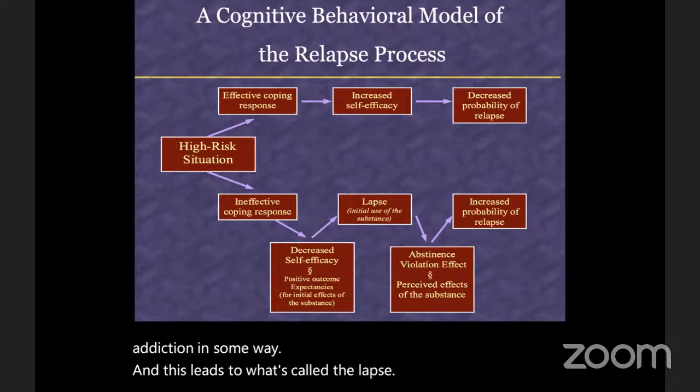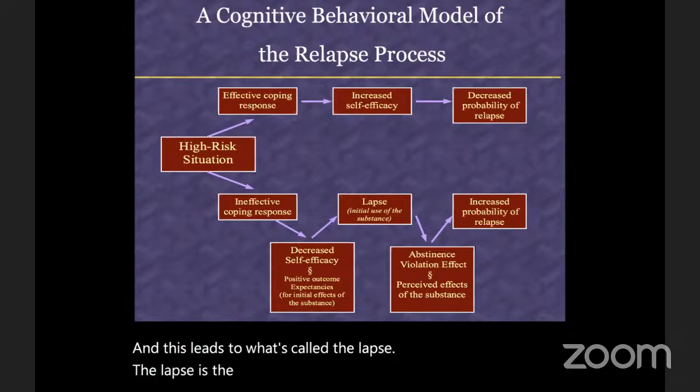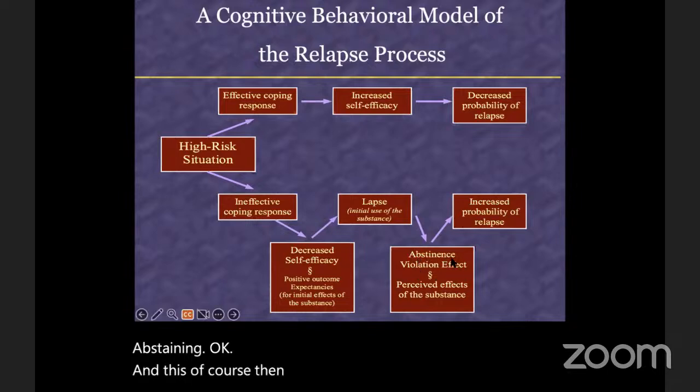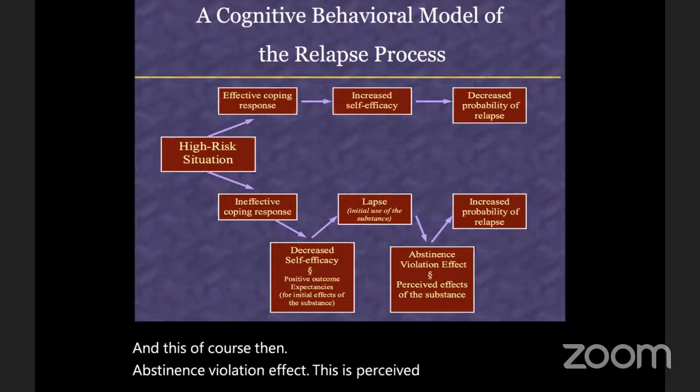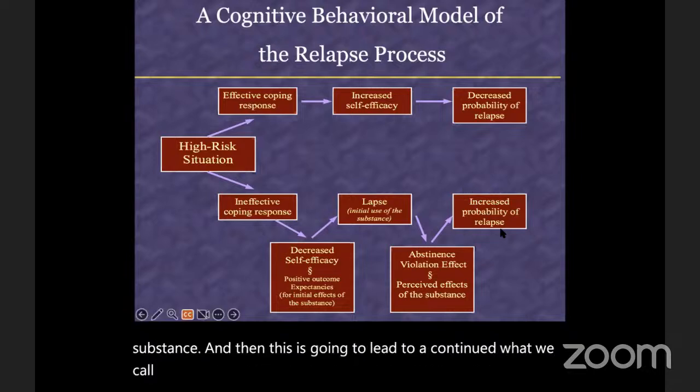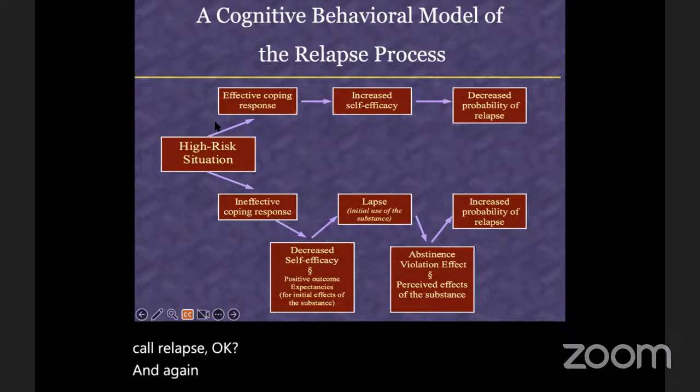The lapse is the initial use of a substance after a period of abstaining. And this then leads to the abstinence violation effect, which is the perceived effects of the substance. And this is going to lead to a continued use, what we call relapse. Again, when we look at the cognitive model, this is what we're working on.